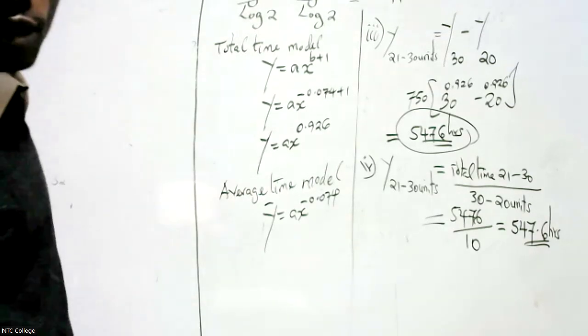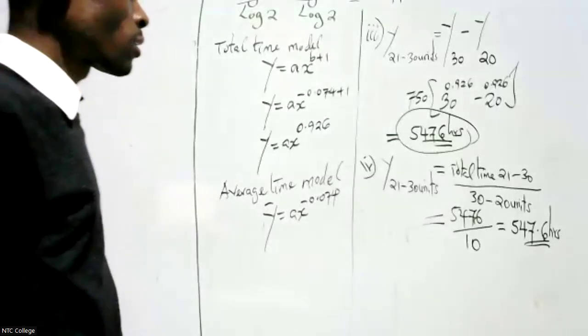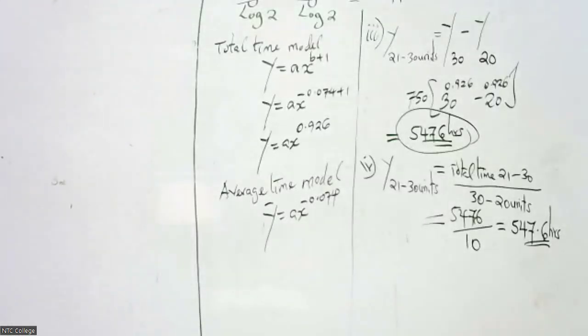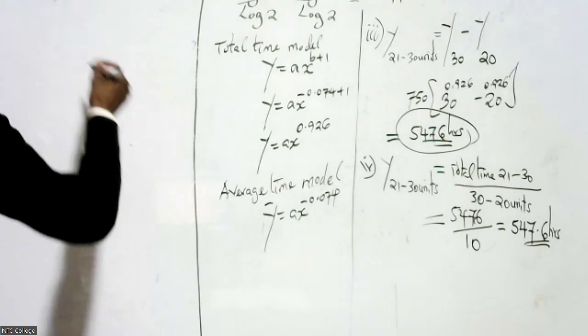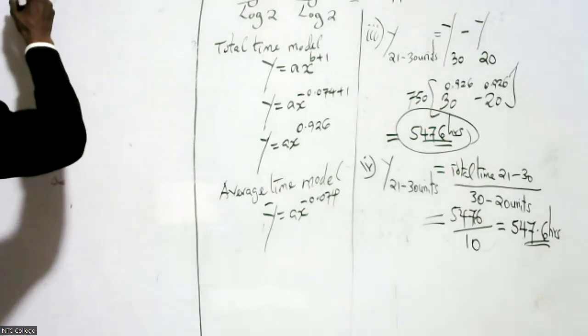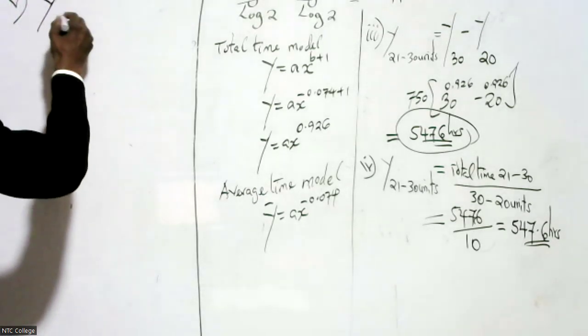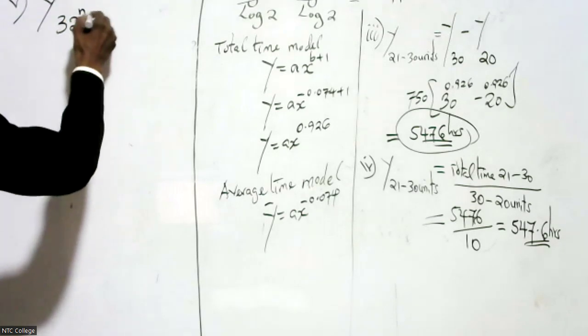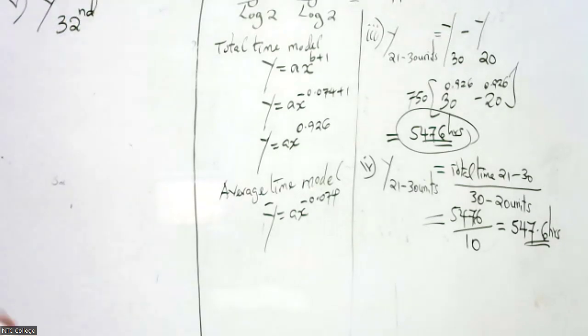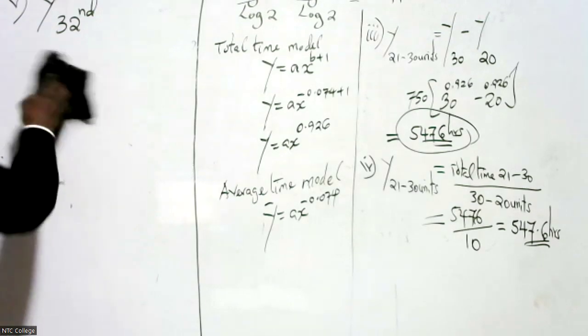Now, let's look at the last one. Total time to produce the 32nd unit. That is number 5.